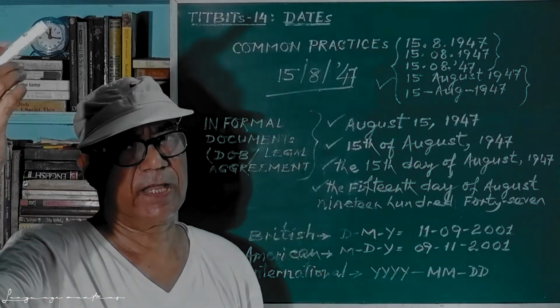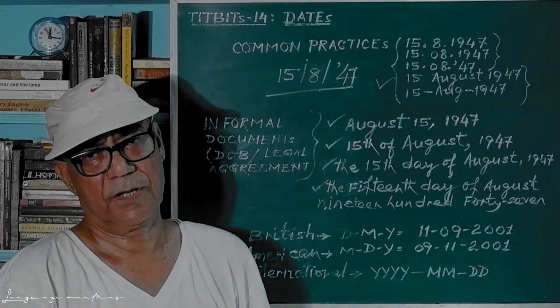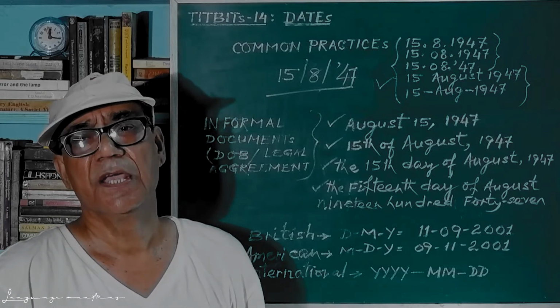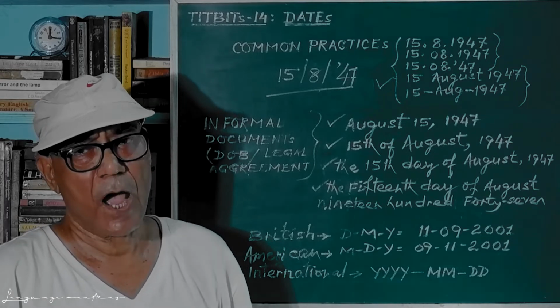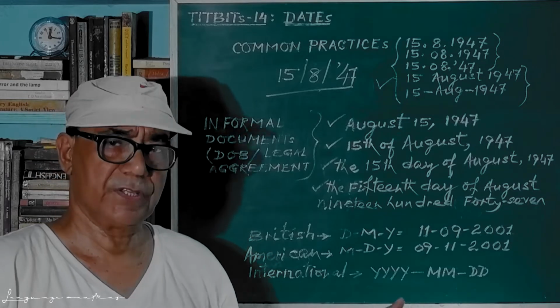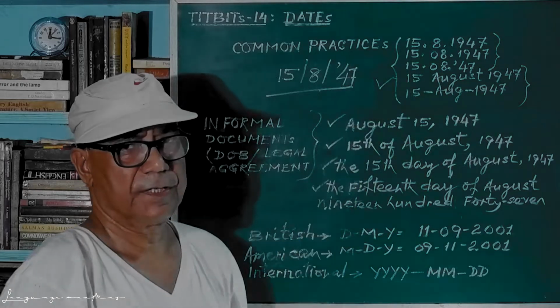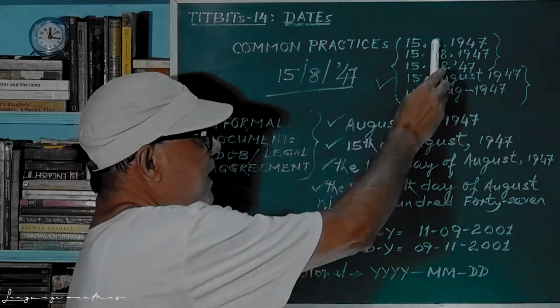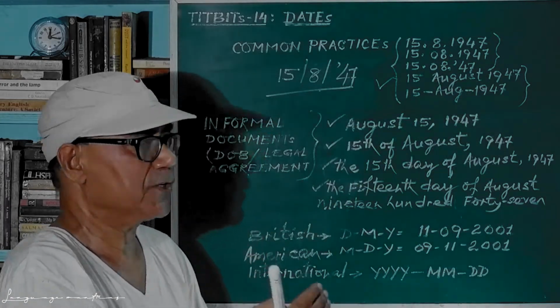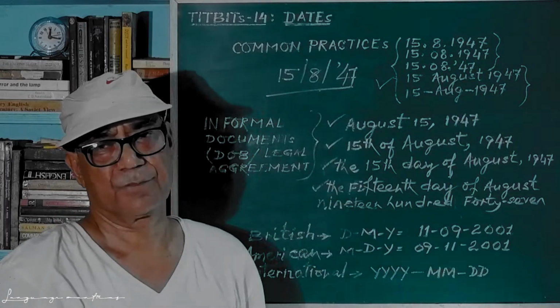An important date, say 15th August 1947, India's Independence Day. So how to write it? There are several ways you can write it. 15 dot, then space, 8 dot, then space, 1947.